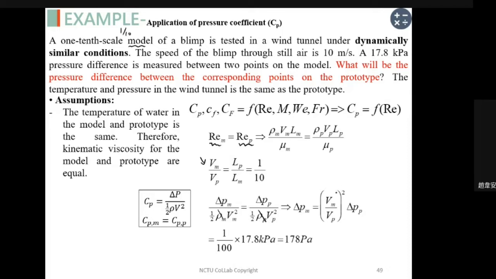So for this problem, we know that the pressure difference in the model is equal to the square of the velocity ratio multiplied by the pressure difference in the prototype. The pressure difference in the prototype, we actually know the value is 17.8 kilopascals, and we know that the square of the velocity ratio is 100/1. So the answer for the pressure difference in the model should be 178 Pa.